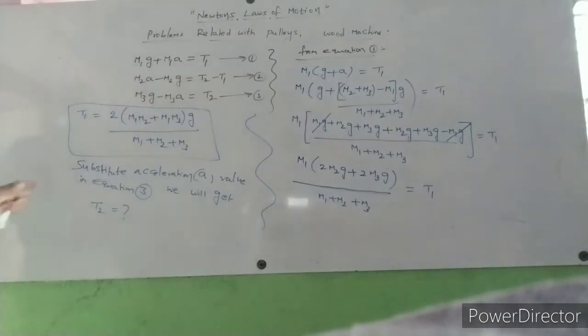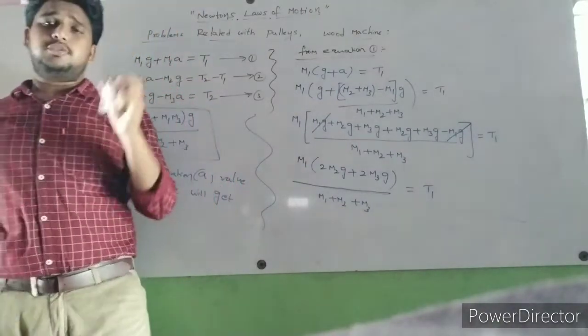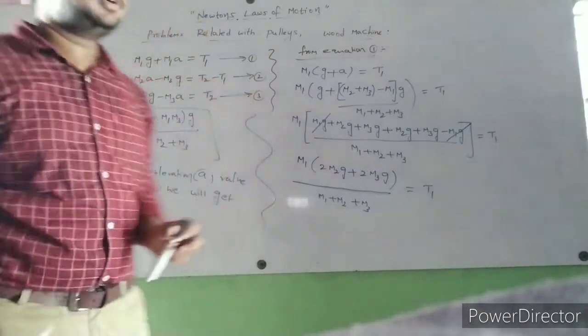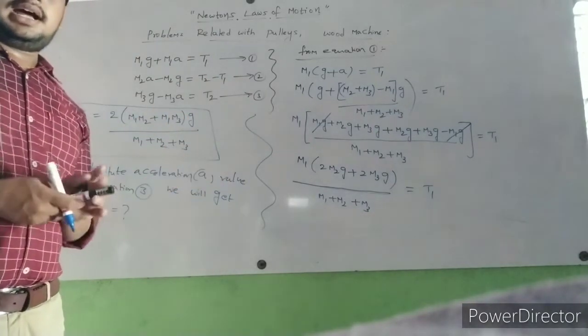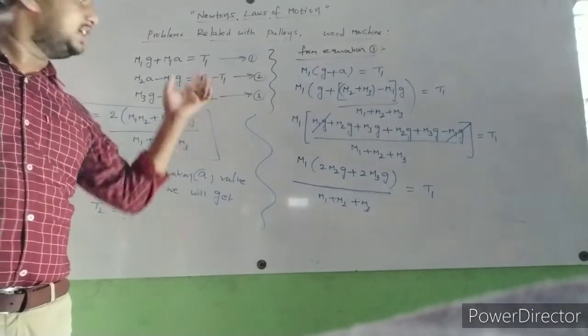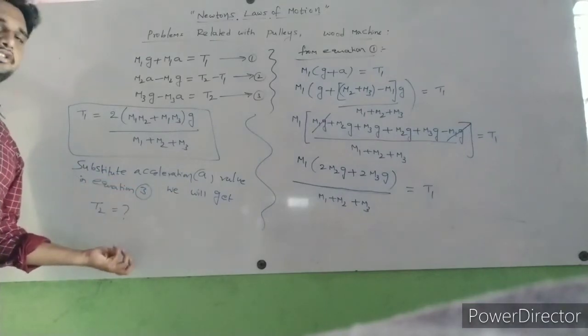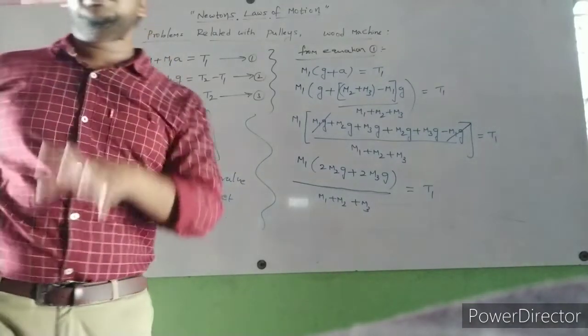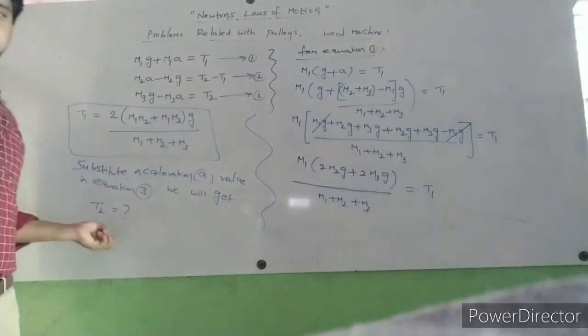That T2 value I left for you, so please find this T2 value simply. How do we find it? Already I found the T1 value by substituting the A value in equation 1. Similarly, substitute the A value in equation 3, we get the T2 value. So that is left for you. Please solve this and find the T2 value.